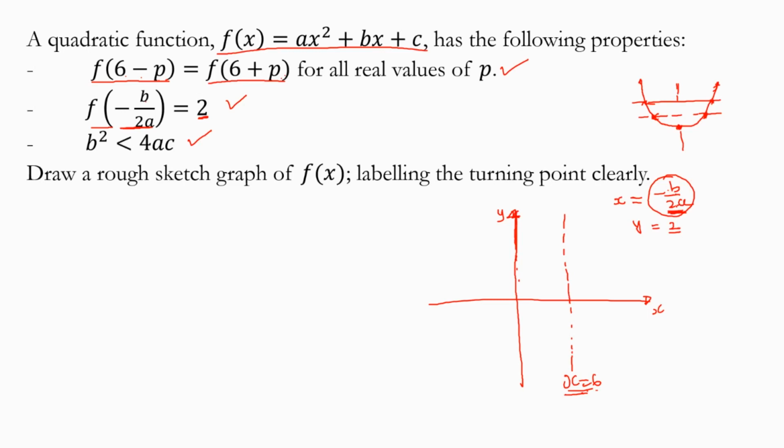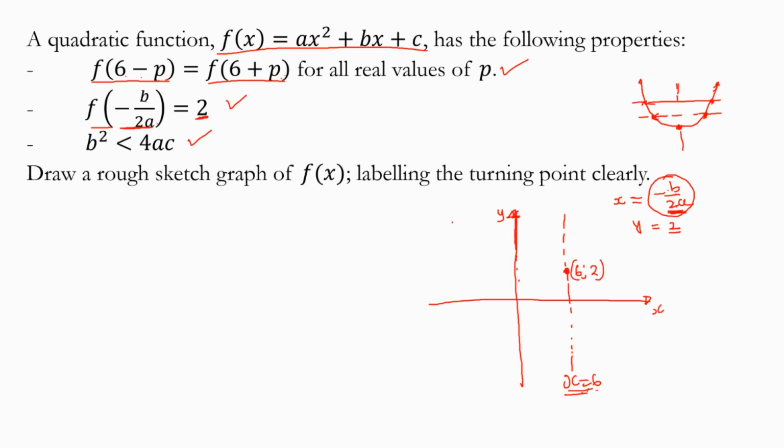If we substitute −b/2a into the function, it gives us what? The y coordinate, which is 2. Okay, so where is 2 here? It should be here. So this point we have now is (6, 2).